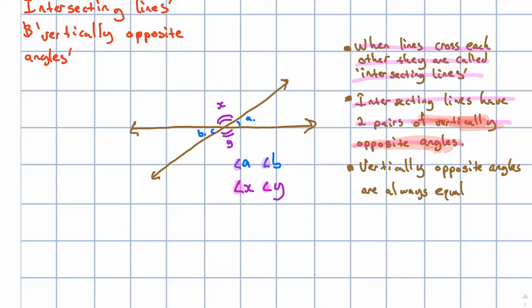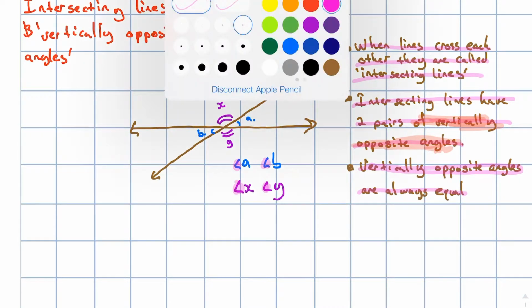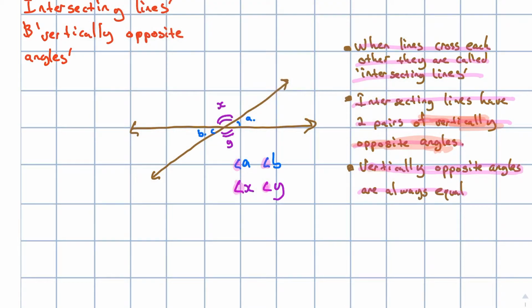Now, another interesting point about vertically opposite angles, yeah, is that they are always equal. Vertically opposite angles are always equal. And I'm just going to highlight that vertically opposite angles in red again, just because that is definitely vocabulary. They're always equal.